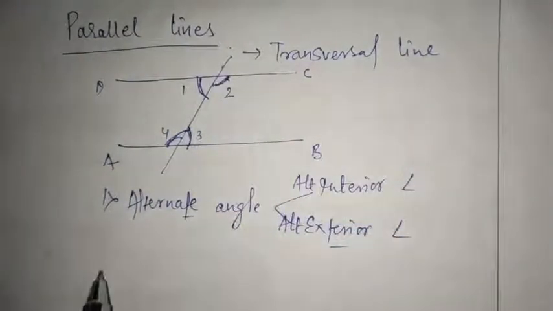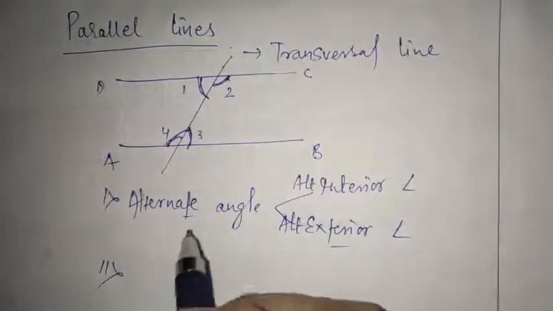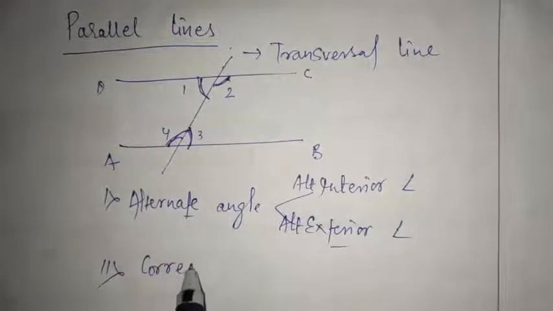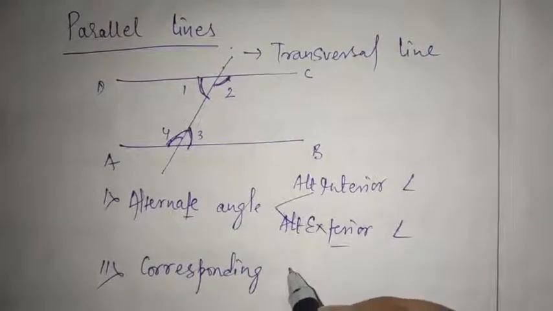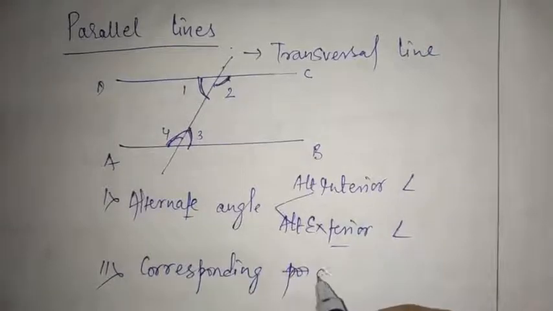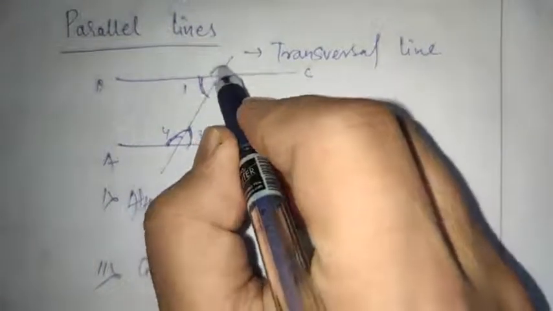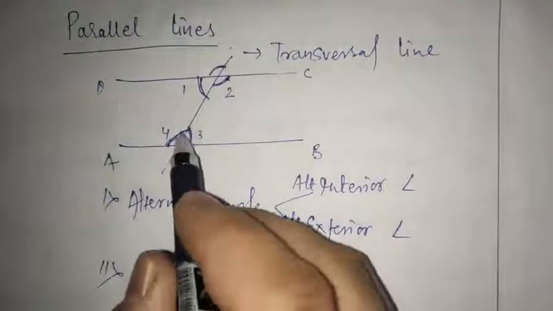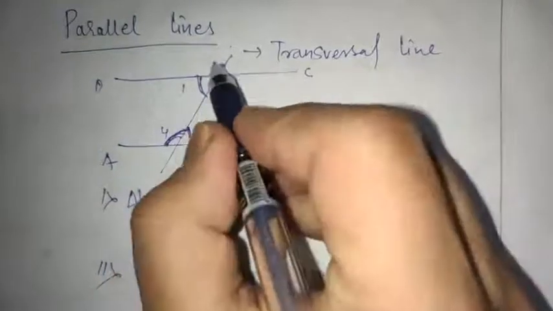Now this was considered as an alternate angle, another form was corresponding angle. Another property which makes lines parallel is corresponding angle. Now what is corresponding angle? Suppose I consider this angle and this angle, say 1, 2, 3, 4, say 5.